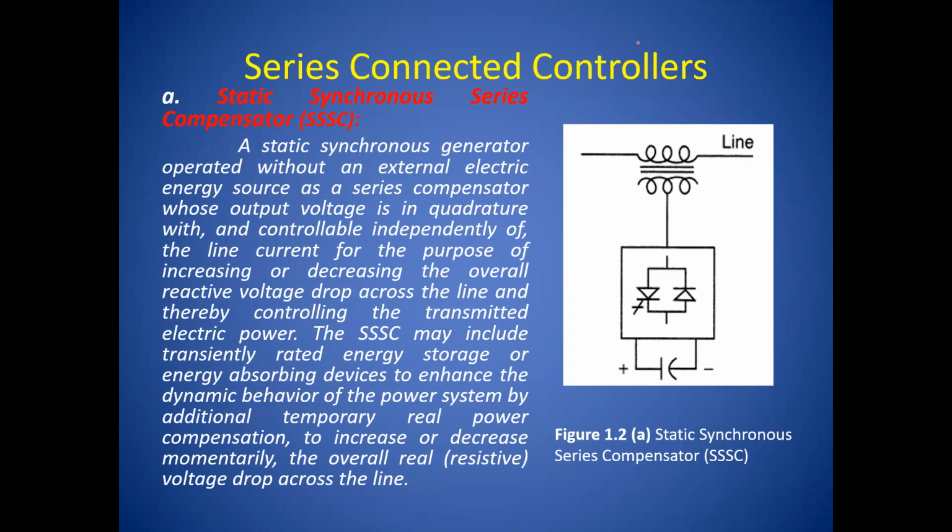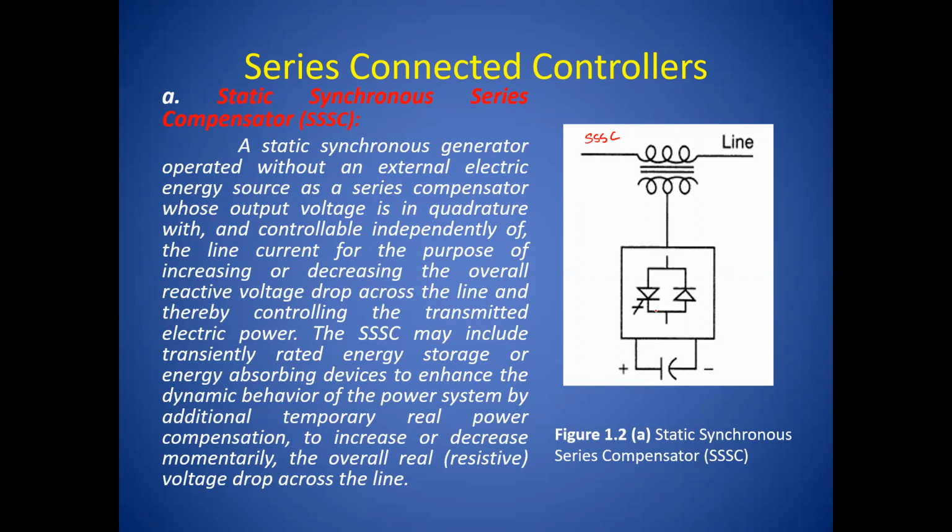Now for series compensation, it is the static synchronous series compensator, SSSC. Similar to the STATCOM, the STATCOMs are connected in parallel and the SSSCs are connected in series with the transmission line.